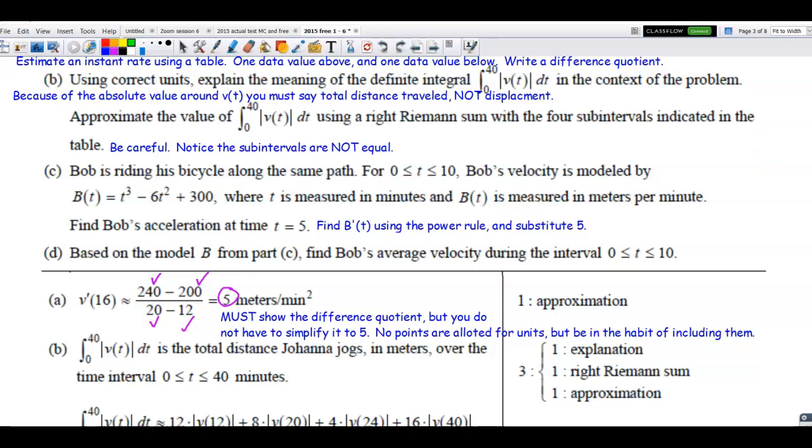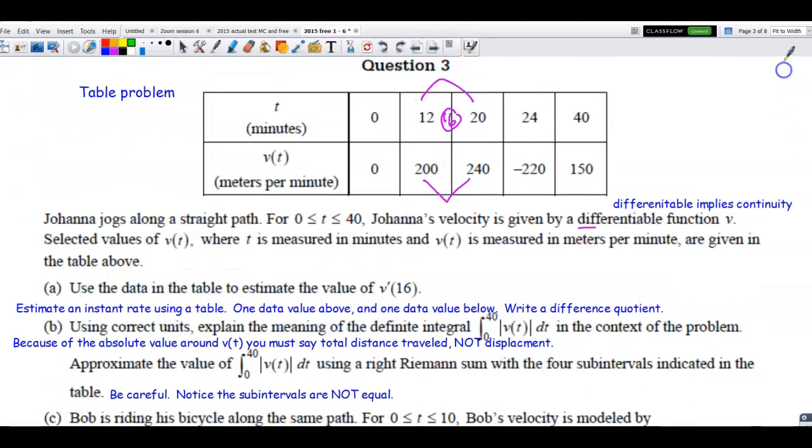And then we're going to use a right Riemann sum with 4 subintervals to approximate the value. And notice from the table above that the subintervals will not be equal. So let me erase. When we break this into 4 subintervals, we have 1, 2, 3, 4 subintervals.